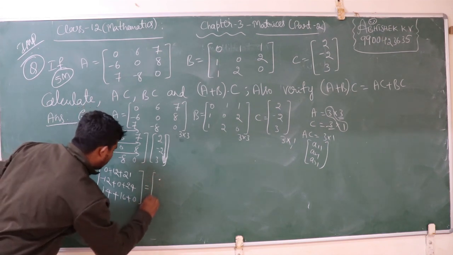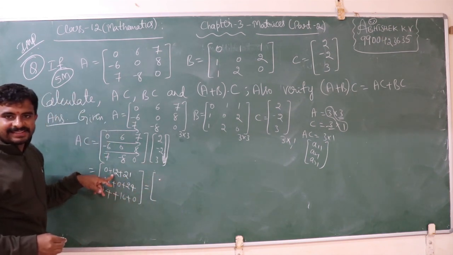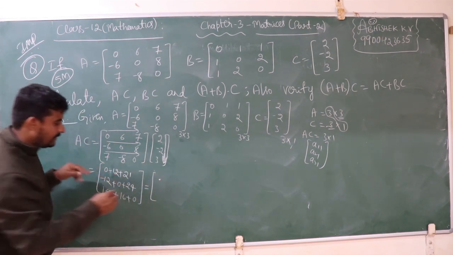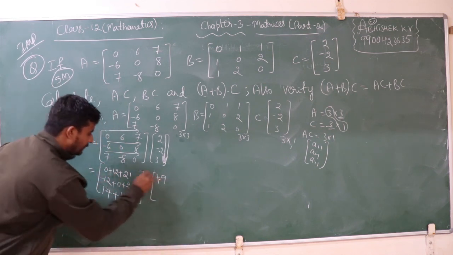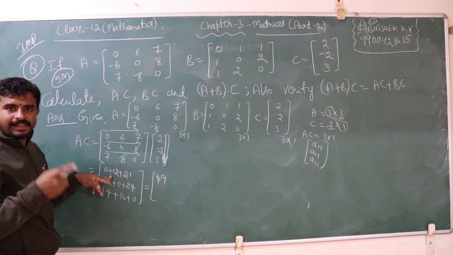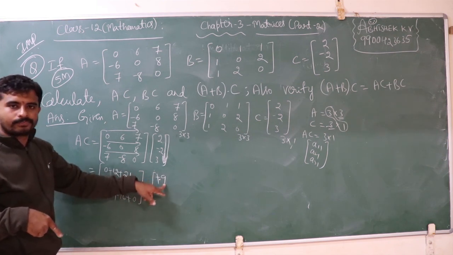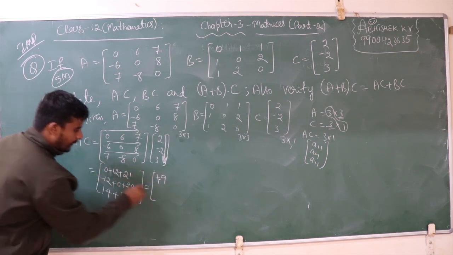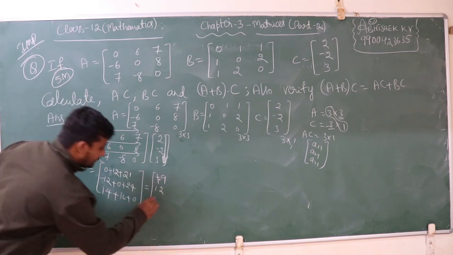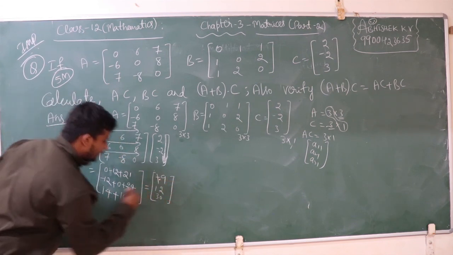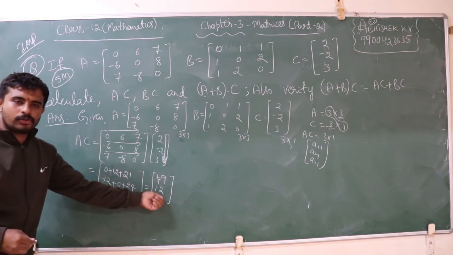Therefore, this is equal to what? 21 minus 12 is 9. 24 minus 12 is 12. 16 plus 14 is 30. Therefore, AC is equal to what?